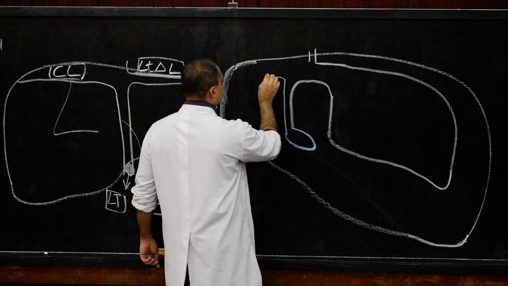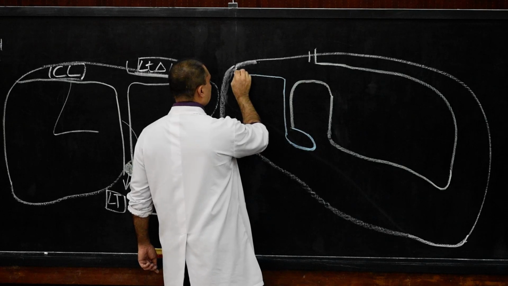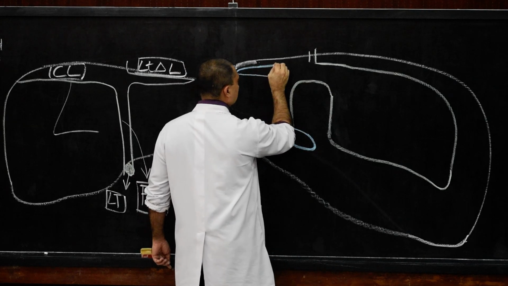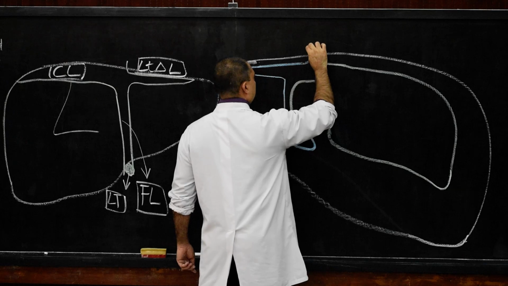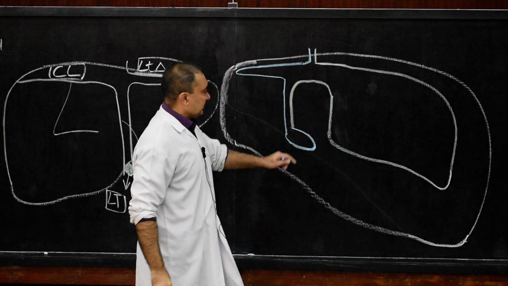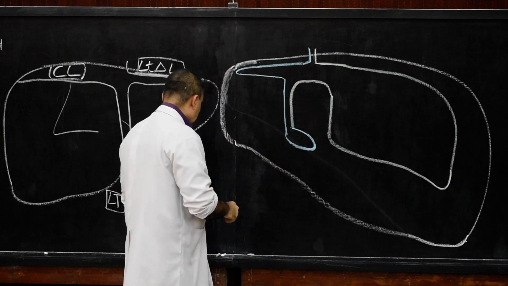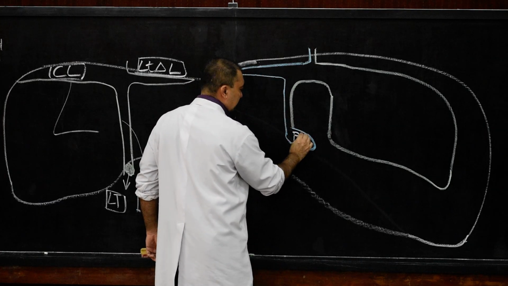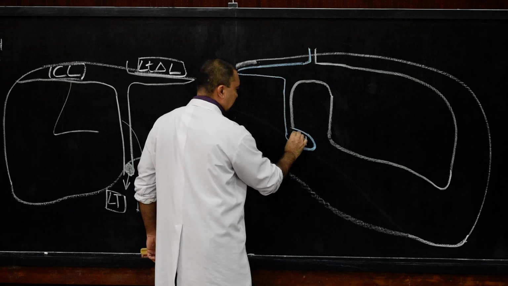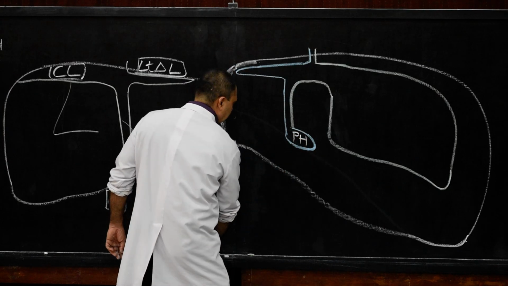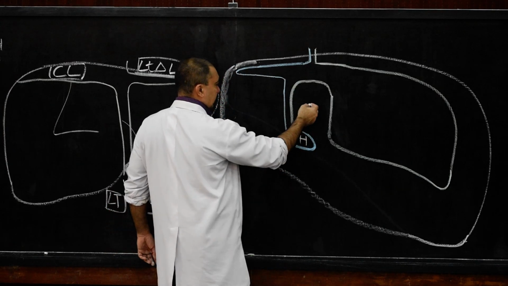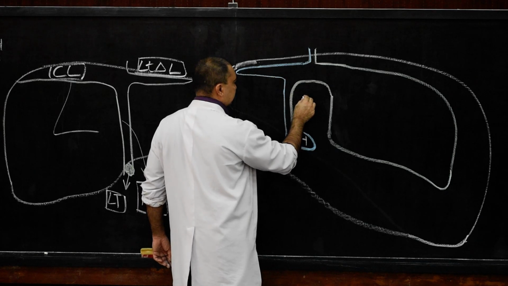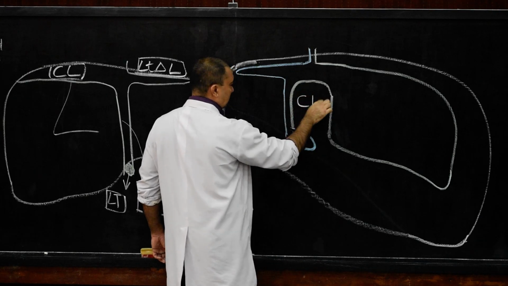Now these ligaments which I am drawing will explain it to you. So this much we have to draw. Now here markings will be, this is the porta hepatis. Please mark this as porta hepatis. Similarly, please mark this structure here as the caudate lobe.